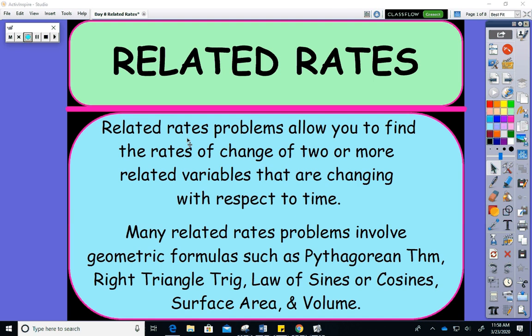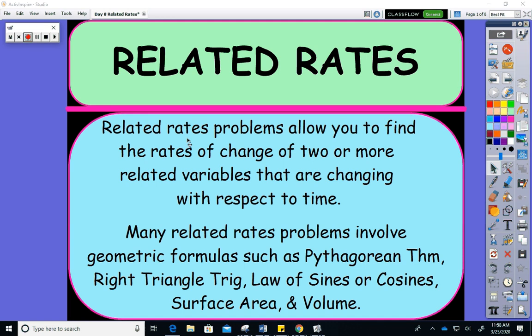So what are related rates? Well, related rates just means two things or three things perhaps that are changing at the same time. So for instance, if you can imagine that I'm blowing up a balloon that would be in the shape of a sphere once it's completely inflated, each time I puff more air into the balloon, the radius of the sphere is increasing.